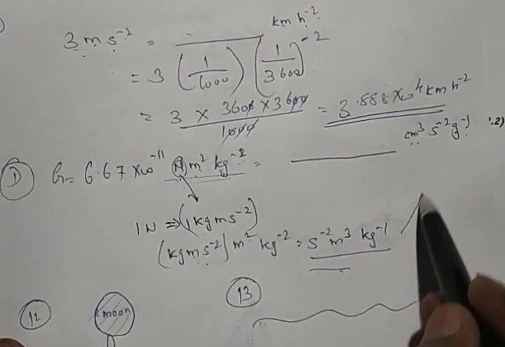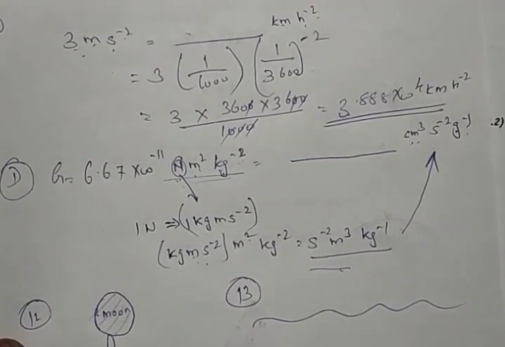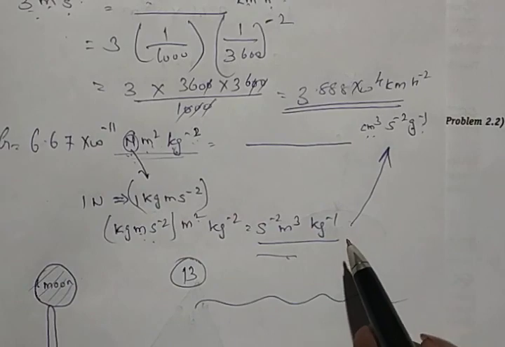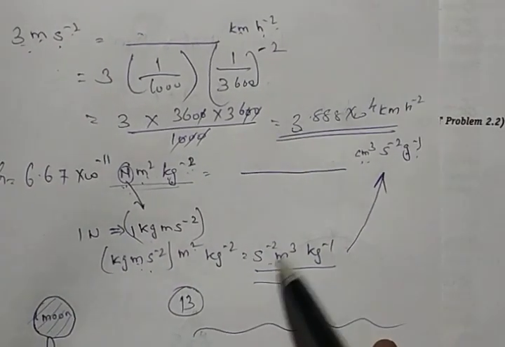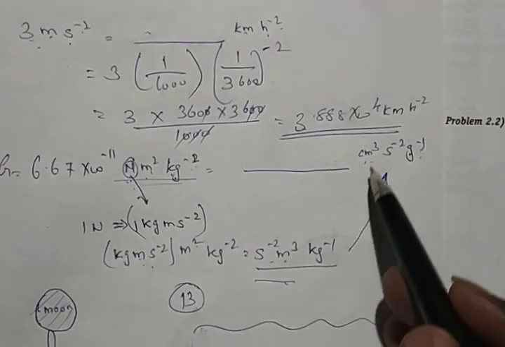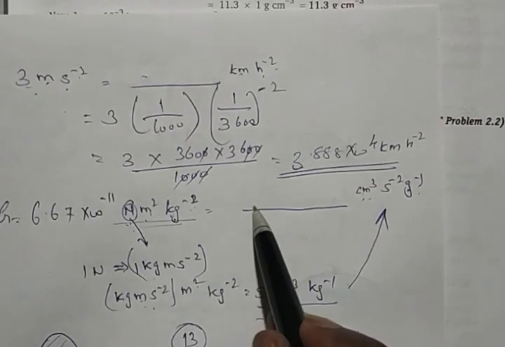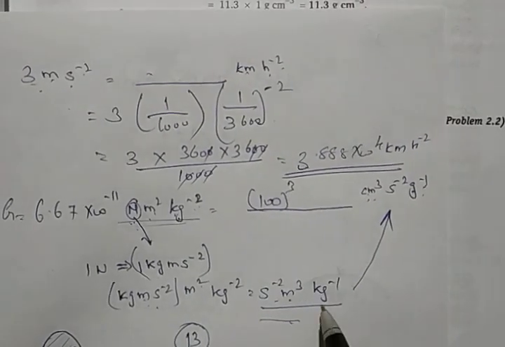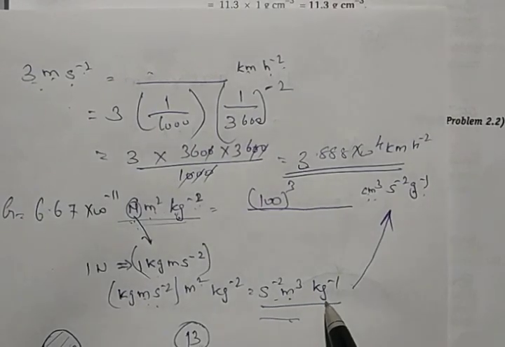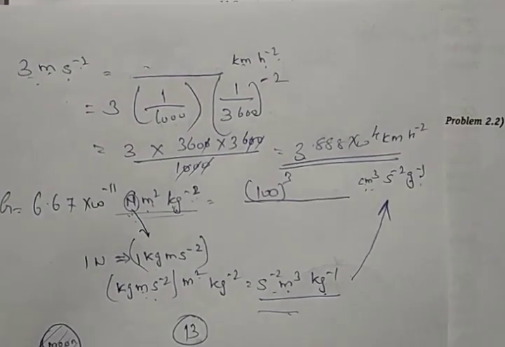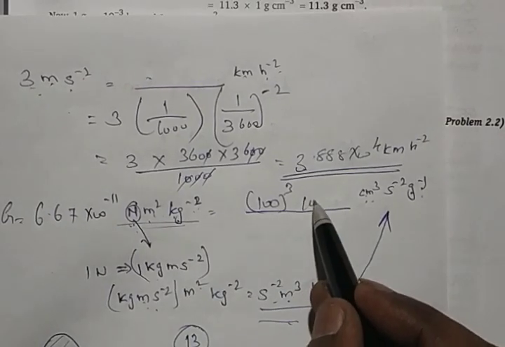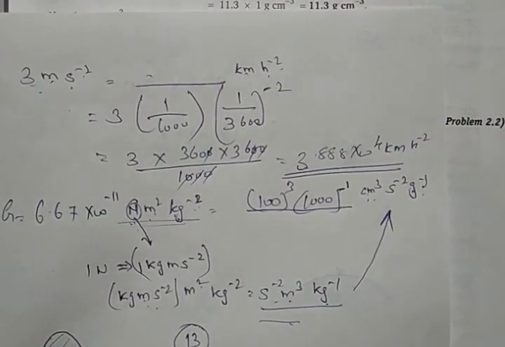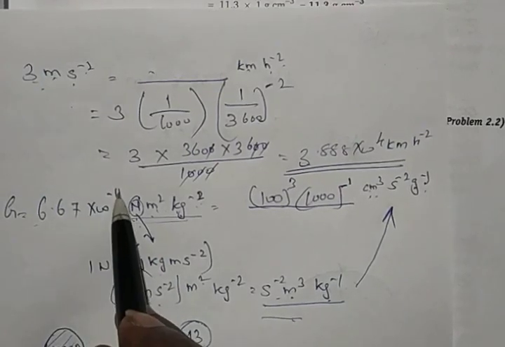Now this part has been converted like this. So when you convert this one, what are the variations that you need to give? Second is the same. Meter cube, when it becomes centimeter cube, you get 100 the whole cube. And then kg minus 1 is going to be gram minus 1, so it's going to be 1000 to the power of minus 1. And the 6.67 into 10 to the power of minus 11 also comes here.